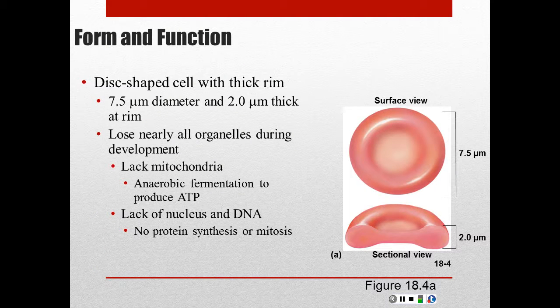Now, in terms of form and function, an erythrocyte is a discoidal cell with a thick rim and a thin sunken center, about 7.5 micrometers in diameter and 2.0 micrometers thick at the rim. The red blood cells lose nearly all organelles during their development and are remarkably devoid of internal structure.